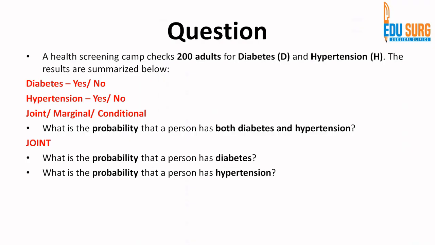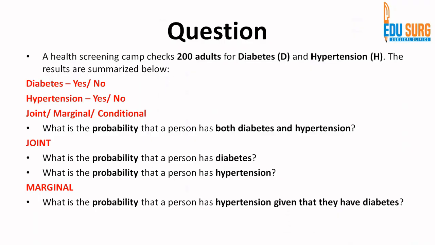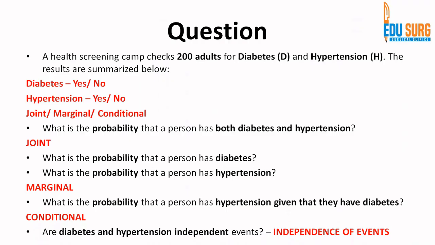Diabetes and hypertension separately asked is a marginal probability. Probability of a person being hypertensive given that they have diabetes, where diabetes is a condition, is a conditional probability. And the last question is independence of events.